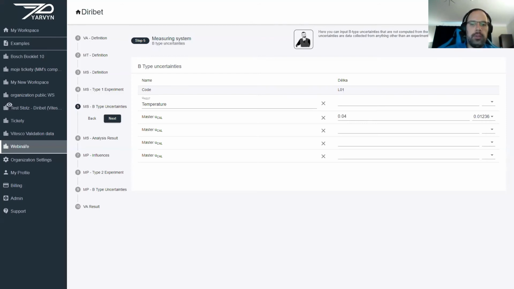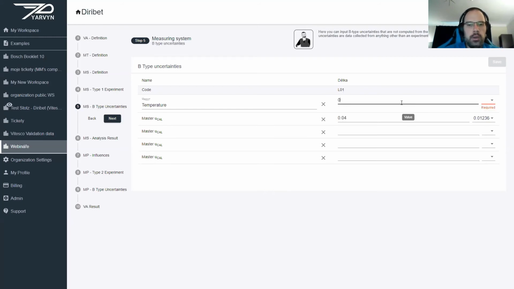As Jaroslav said, it is always some value and some coverage factor. And the value can be defined in 2 ways in most cases. The first way is that the value you have here is some kind of uncertainty.